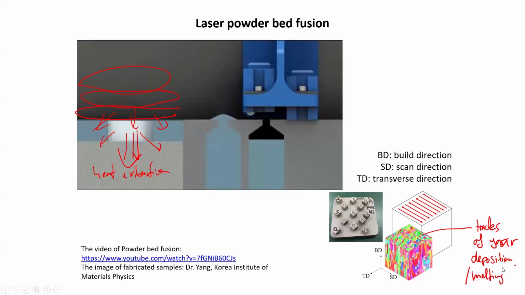And you will also see the outcome of the heat flow. And that gives you a very, very complex microstructure. Also with a lot of defects because of the rapid shrinkage and rapid solidification.